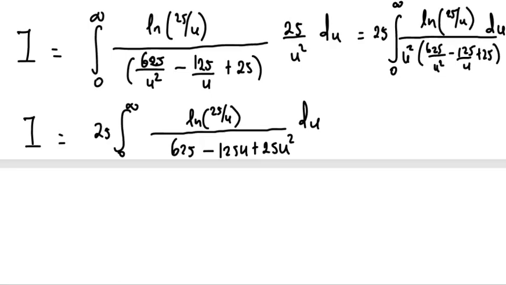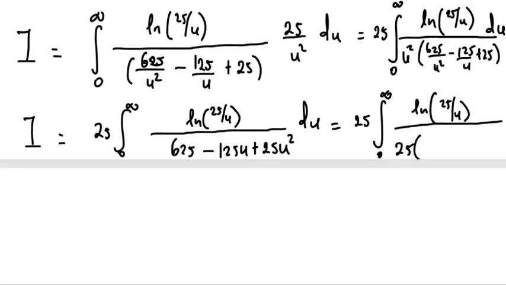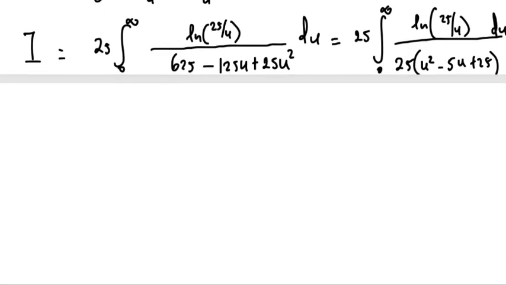We're going to factor out the common factor, and that's going to be 25, right? So from the denominator, the 25 is common, so we have 25 times the integral from 0 to infinity of the natural log of 25 over u divided by, factor out 25, and everything will turn out to be u squared minus 5u plus 25, and then du. Now the 25 at the front and the 25 at the denominator both get cancelled, right?